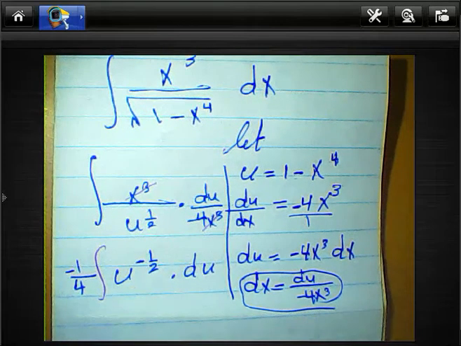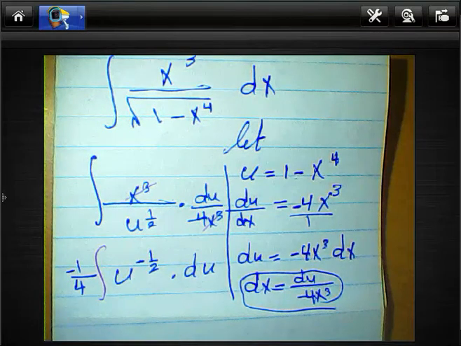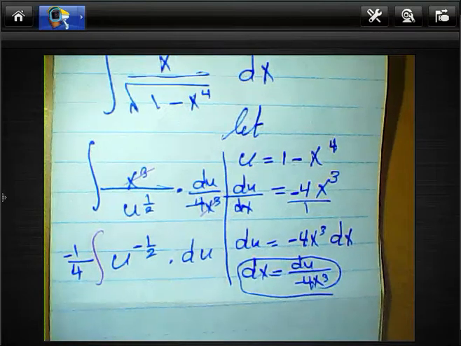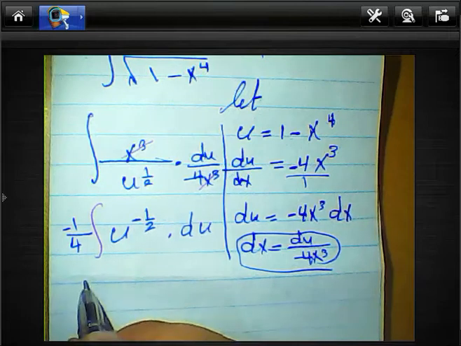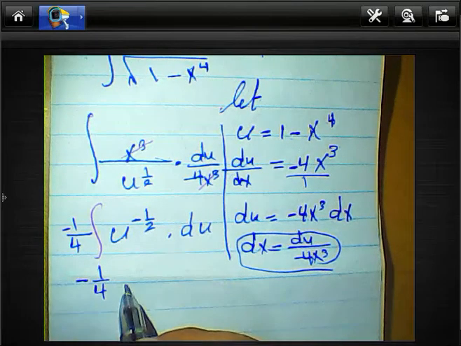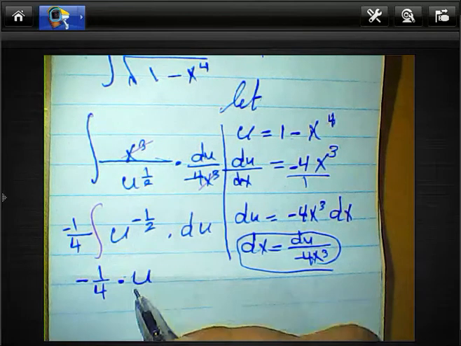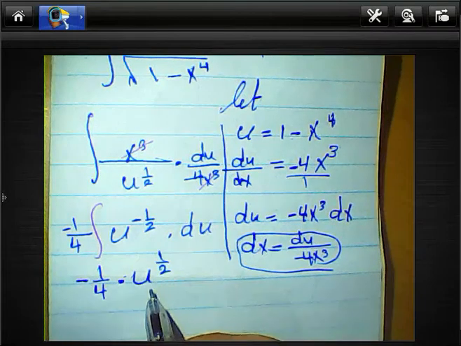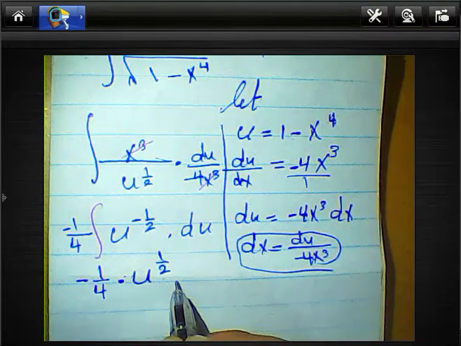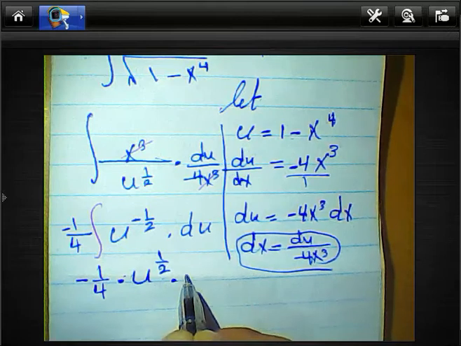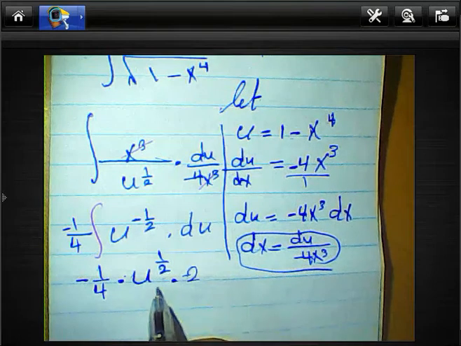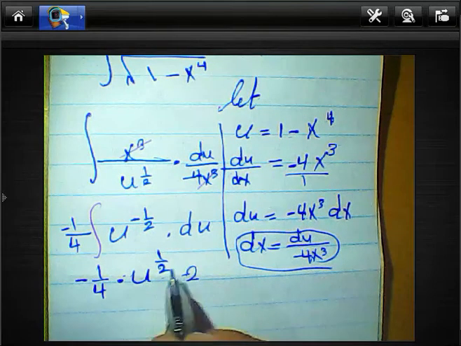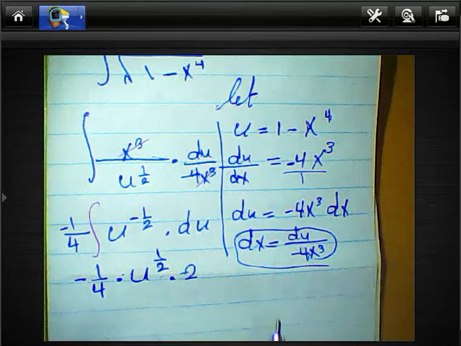We must add 1 to the power and divide by the new power. Okay, we can complete it here. Negative 1 over 4 multiplied by u power half divided by half. If we divide by half, the result will be multiplied by 2.